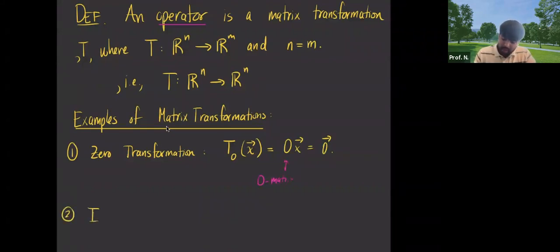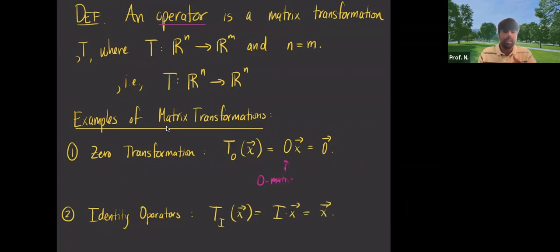And you also have something called the identity. In order to talk about identities, we call them operators, because the only matrices that are identities are square. If they're square matrices, then the dimensions have to match up. And so we have something like this, T_I. This is I times X, which is X. So these are the usual suspects.